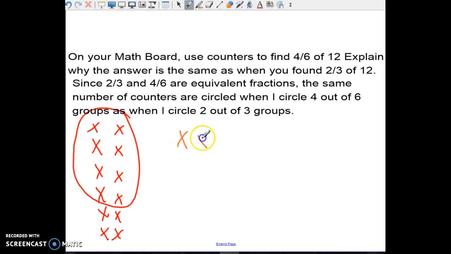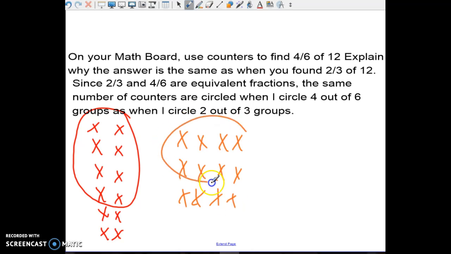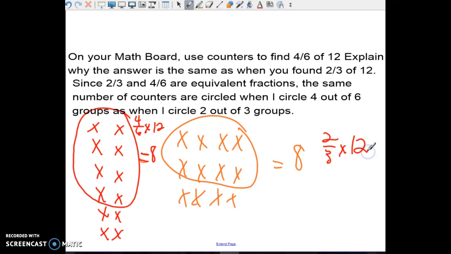So if I did my 3 groups, and I circled 2 of those groups, that would equal 8. And this also equals 8. So this is 4/6 of 12, and this is 2/3 of 12.